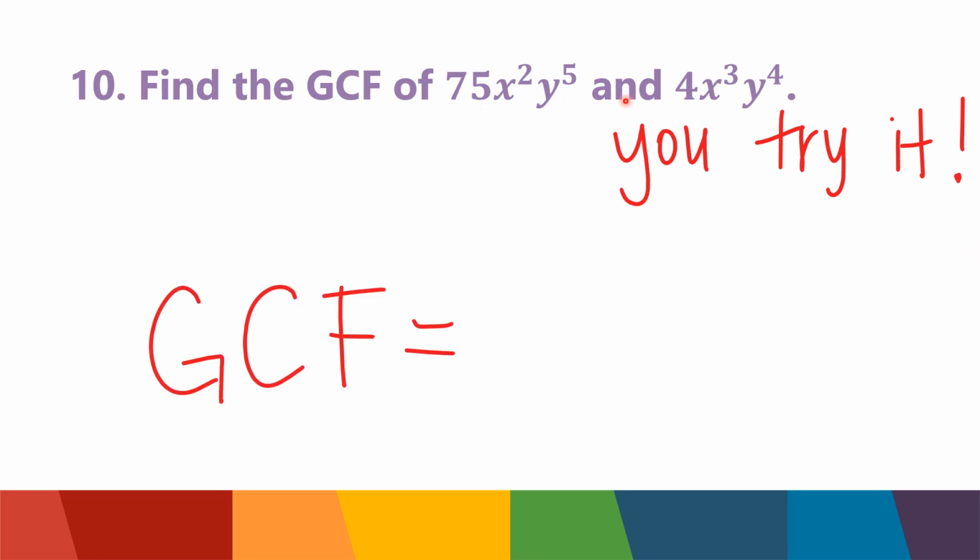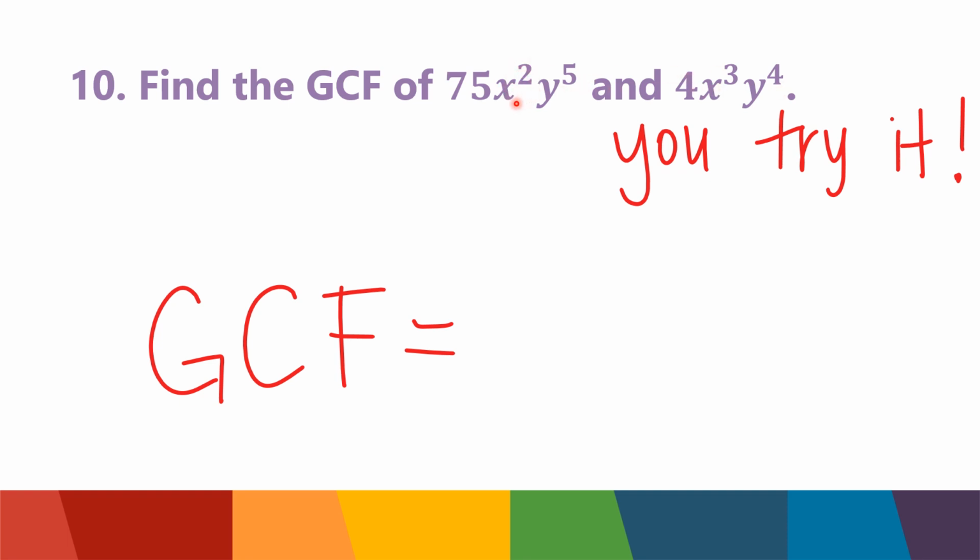So 75 and 4, what did you get for the GCF of 75 and 4? Just 1, right? They have no factors in common other than 1. So no number portion needs to be written down. But what about the variables? They both have an x, they both have a y, but how many should we include?